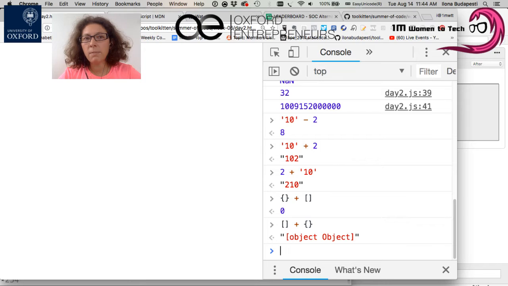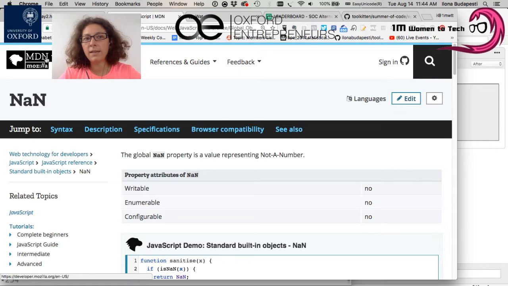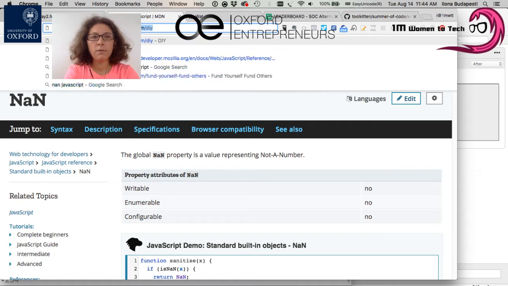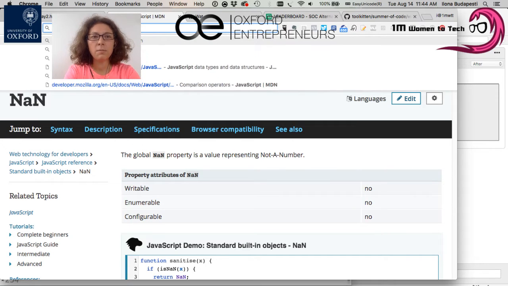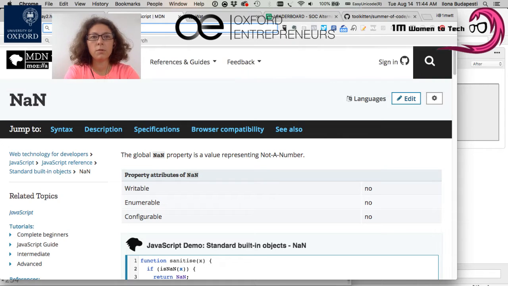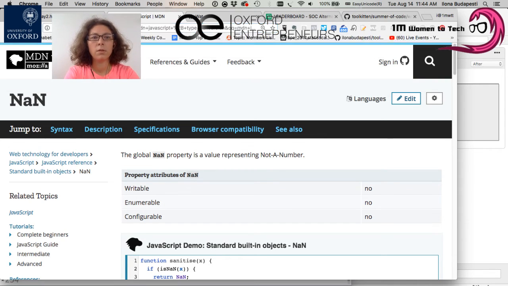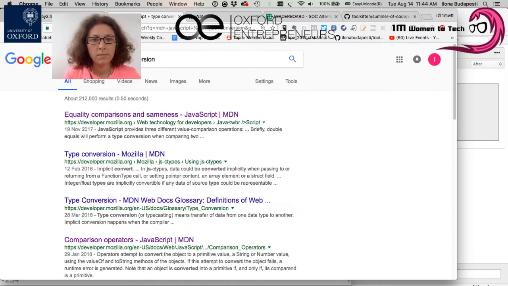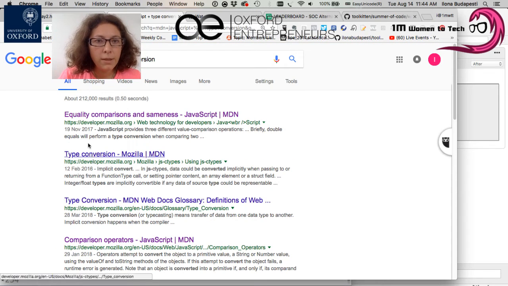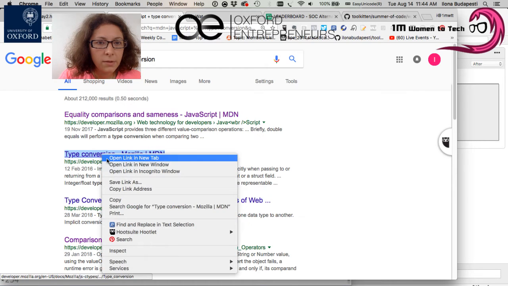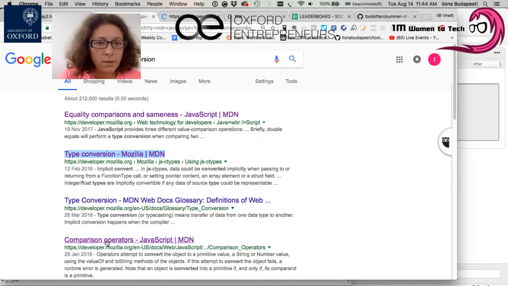And the way to look it up is, I like the MDN documentation the most. So I would search MDN JavaScript plus type conversion and see what it does. Equality comparisons and sameness, type conversion, let's have a look. Comparison operators.